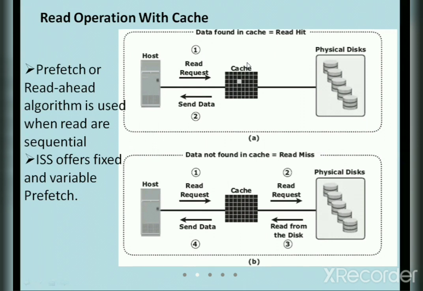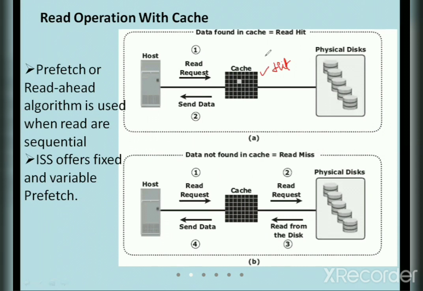I say this is a hit. Whenever you request, you get the data. Please remember, you get the data from the cache in milliseconds. Then I call it a cache hit, or a read hit.